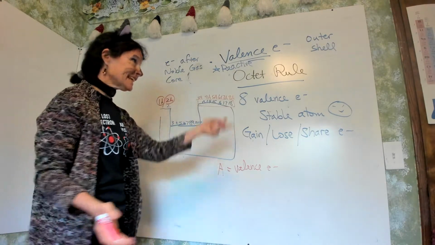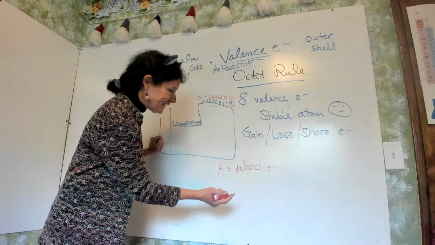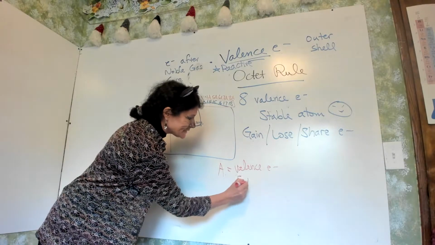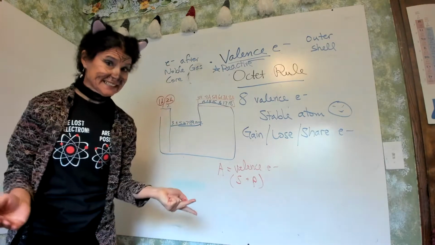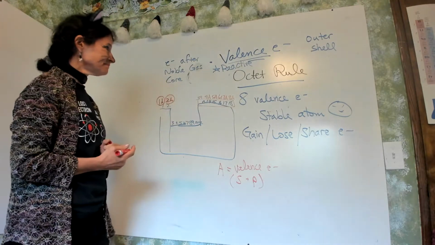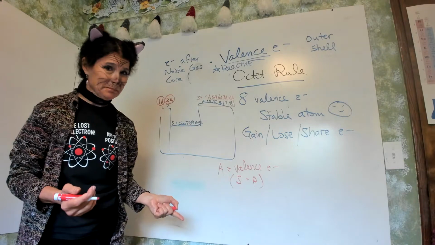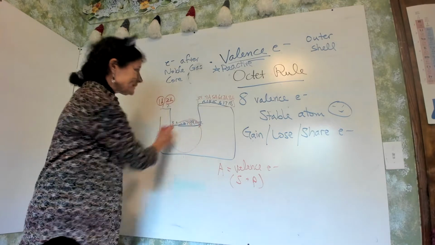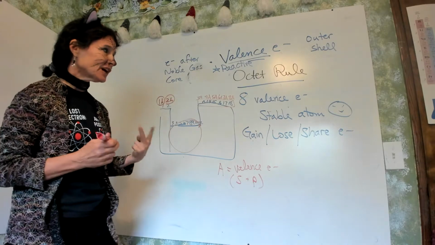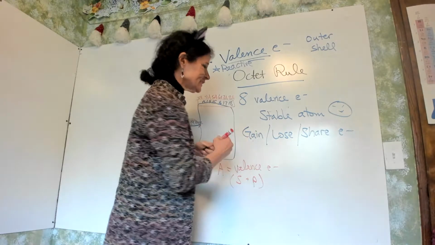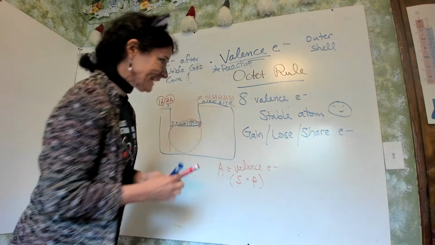We've changed it to everything after the noble gases, but the valence electrons were your S's plus your P electrons. That's where the 8 comes from. They're the ones that are important. We'll talk about these in the middle very soon. But it's how many electrons you need to gain or lose to become like a noble gas.